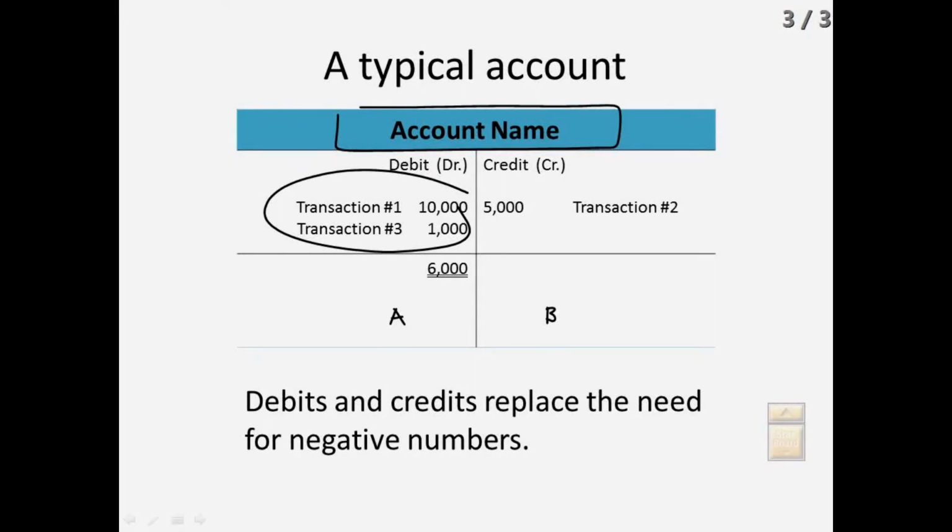What does it mean to have a debit balance? Well, it means that your left side is increasing more than your right side. So when you think about an asset, I could buy land and I could sell land, but can I sell land that I don't have? Can I have negative land?